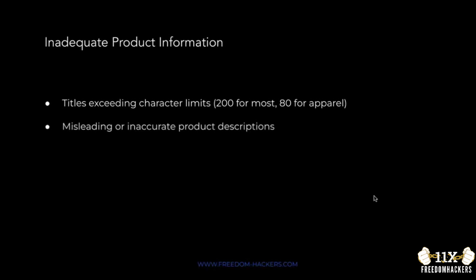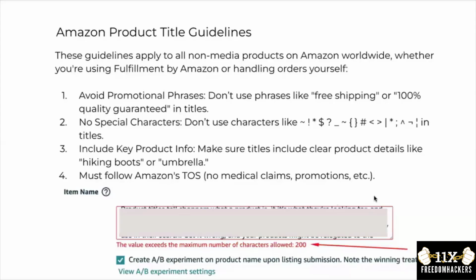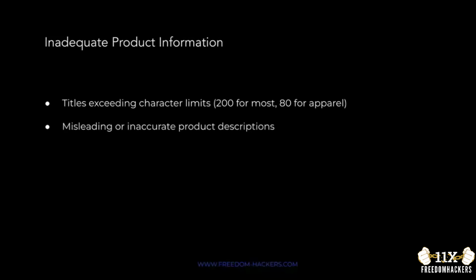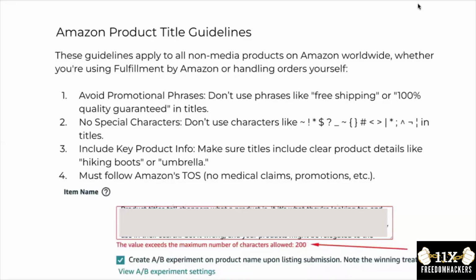Any kind of misleading or inaccurate product description is also another thing. The Amazon product title guidelines apply to pretty much all non-media products worldwide, and it doesn't matter whether you're using FBA or merchant fulfillment.